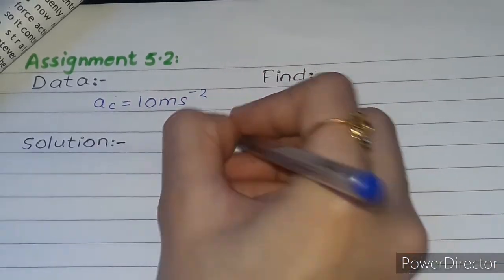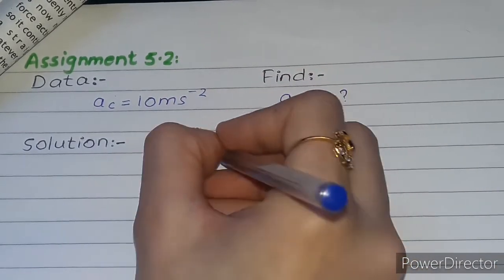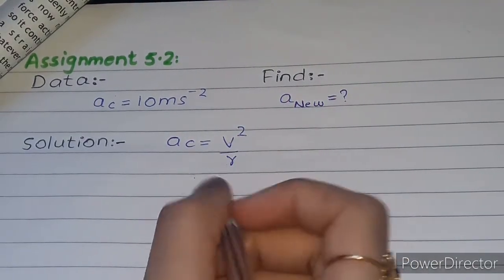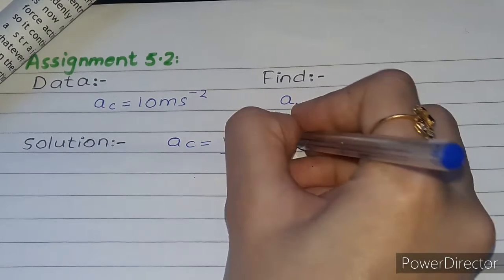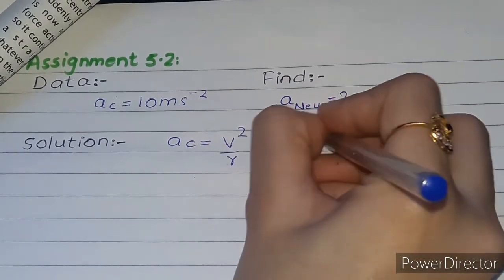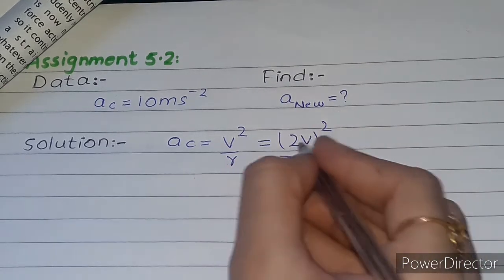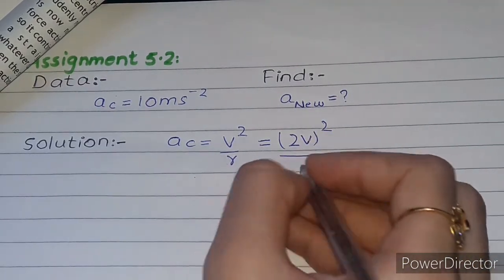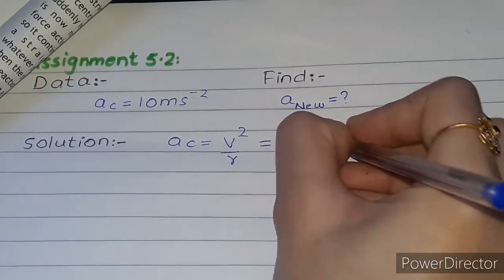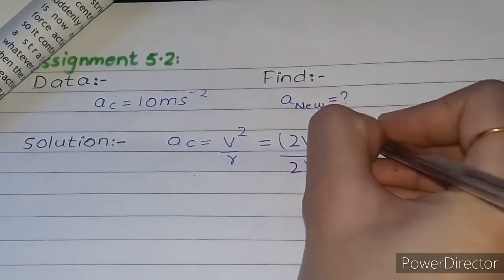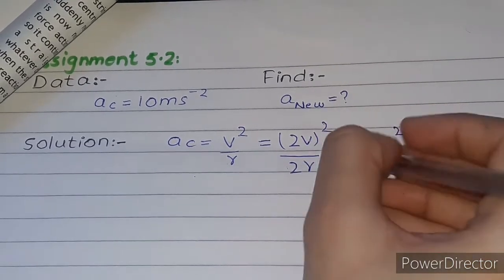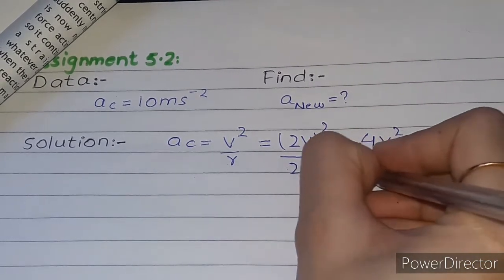Centripetal acceleration is given by v square divided by r. If we double velocity and radius, the velocity would be 2v, and the radius would be 2r. So it is 2 square v square divided by 2r.